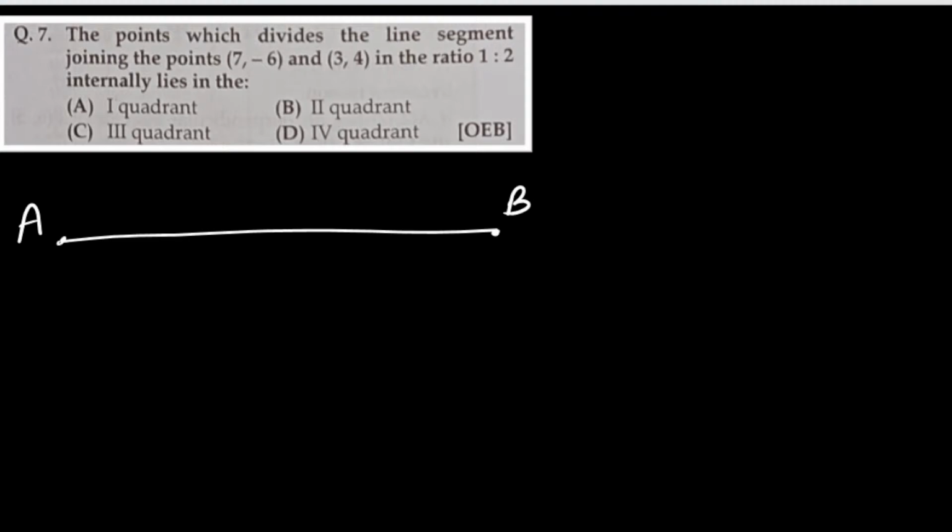Let me name it as line segment AB. Whenever you see the words joining the points, these are the end points of the line segment. A's coordinates I write as 7 comma minus 6 and B's coordinates as 3 comma 4.